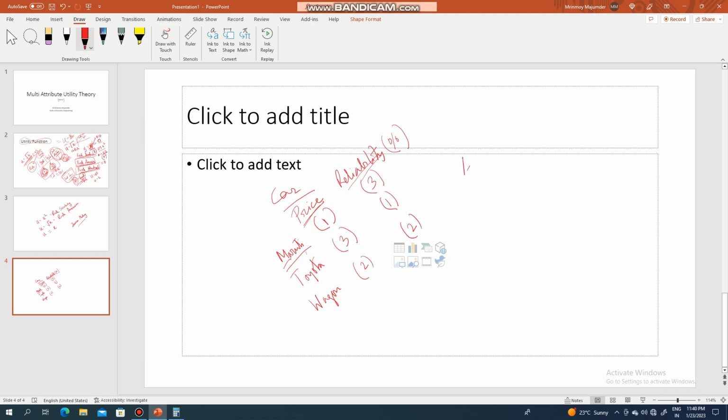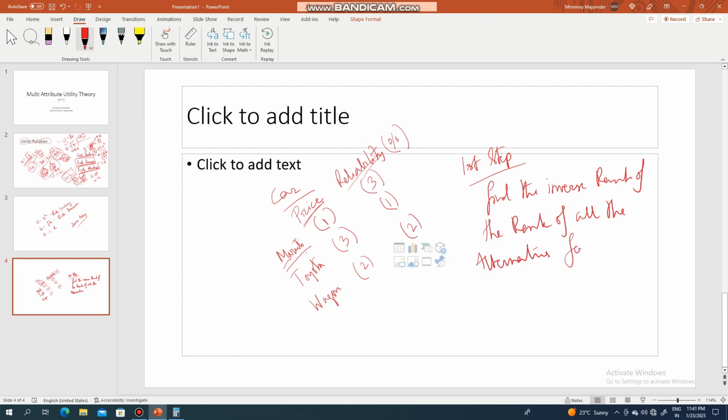Now, your first step will be to find the inverse rank of all the alternatives for each criterion. That means these are the ranks of all the alternatives, these are the alternatives, and these are the criteria.